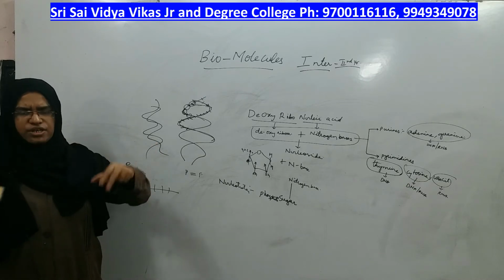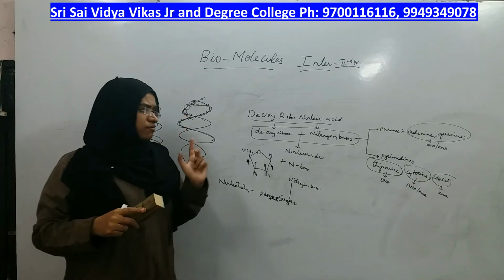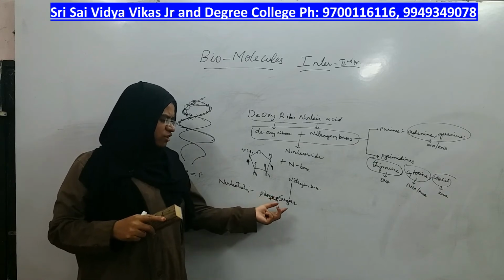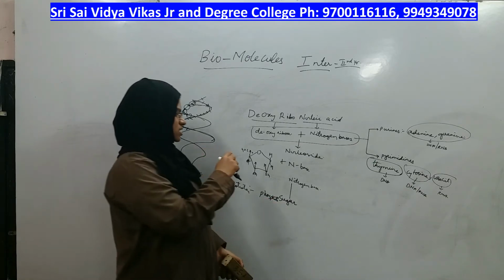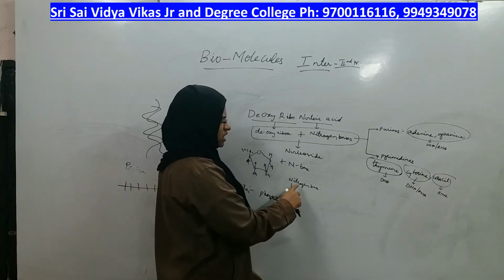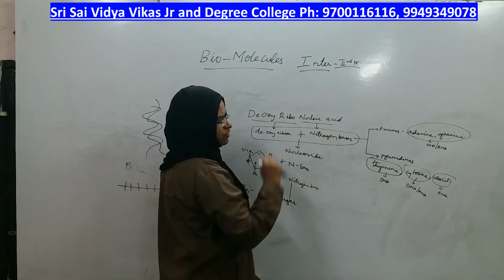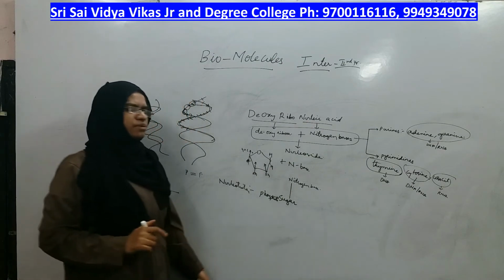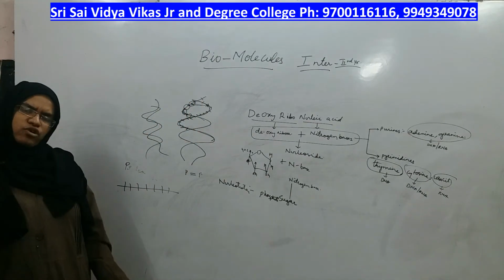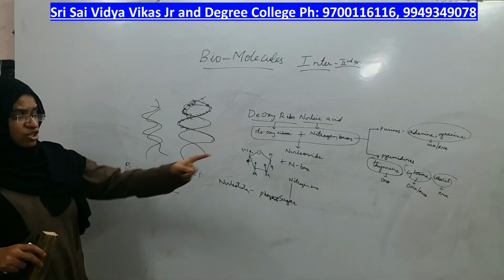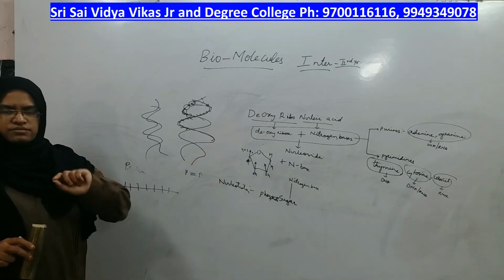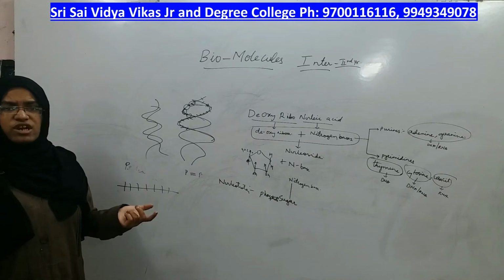In the same way, you will have one more strand. But before seeing the chain of nucleotides, what should you see? How is the structure of phosphate? You should see how the structures of the different purines and pyrimidines are. In the exam, for 4 or 2 marks, you may get a question: draw the structure of cytosine. If you draw correctly, you will get full marks.